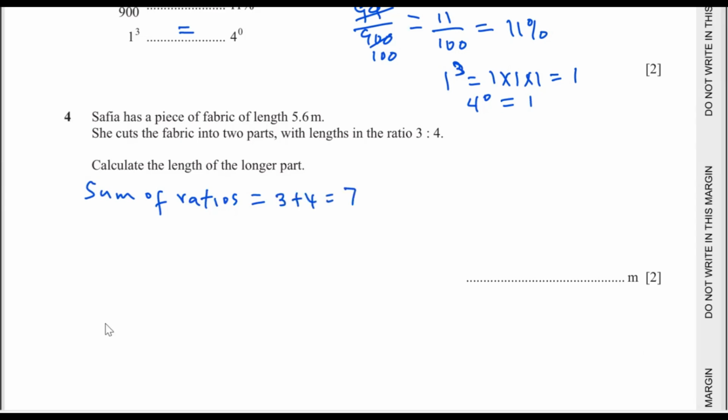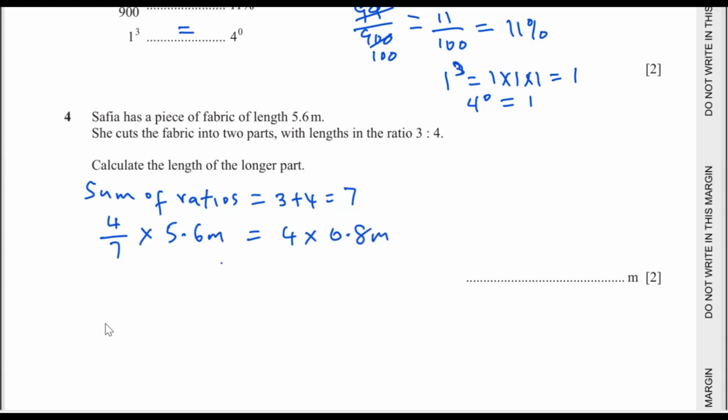So here, length of the longer part will give us 4 over 7 times 5.6 meters. So if we multiply this, it's going to give us 4 times, if you divide 5.6 by 7, you have 0.8 meters.